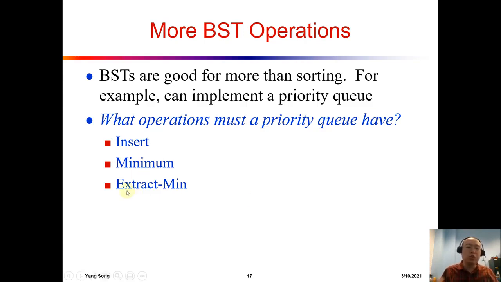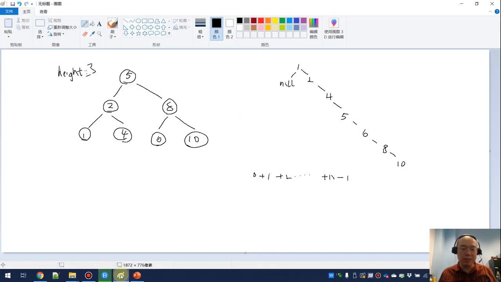For the extract min, we are taking out the node with the minimum priority. If we want to use the binary search tree to facilitate a priority queue, can we do that? We can use the same example again.